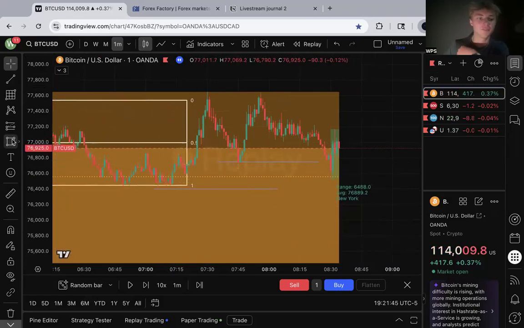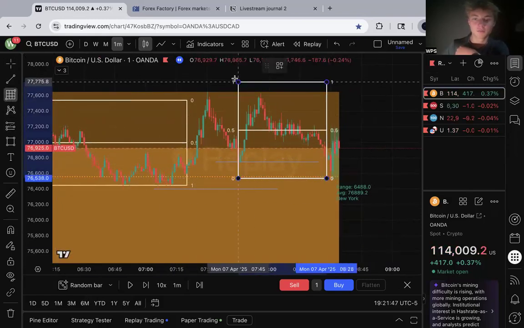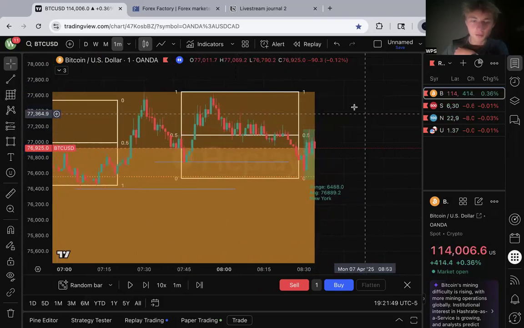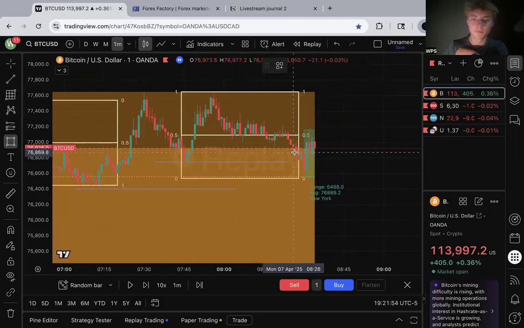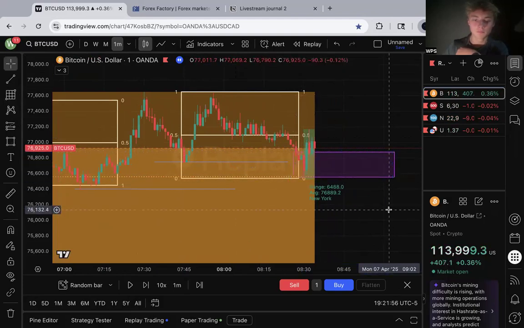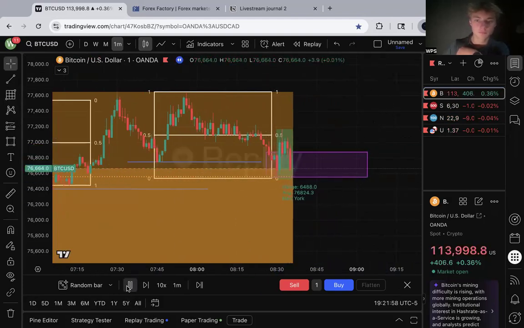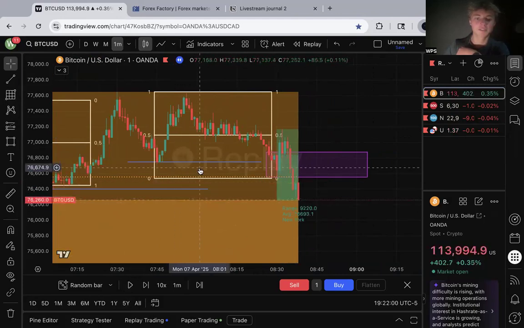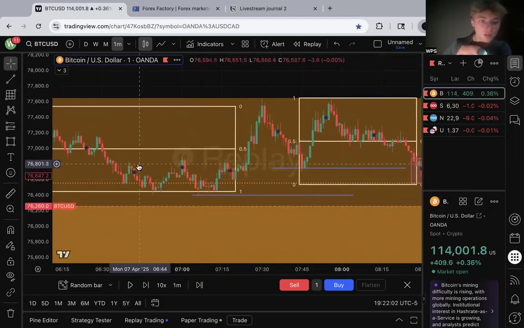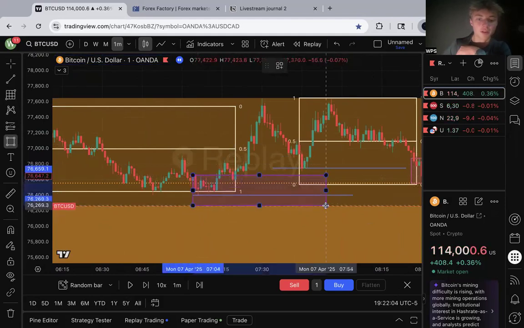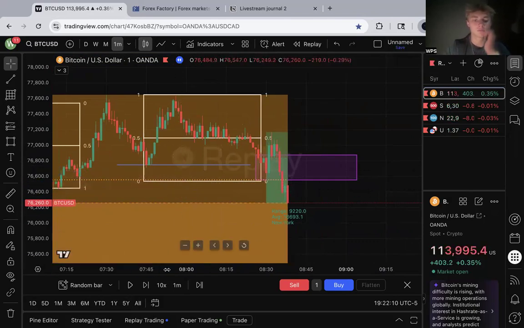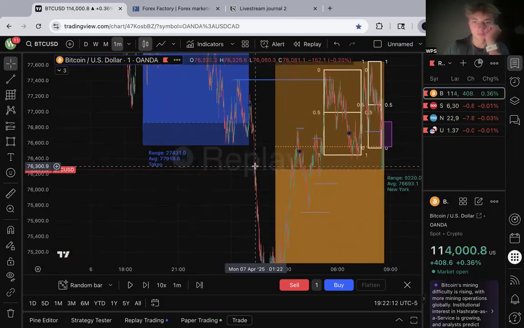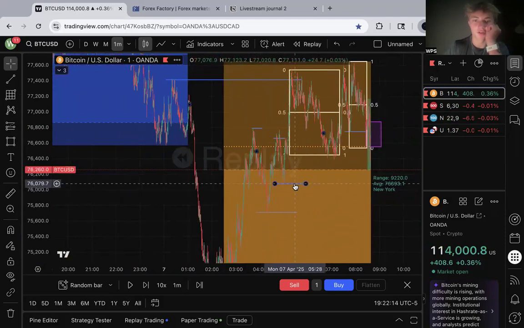Price reacts off of it, waiting for the order block within here. Pushes past, pushes into this liquidity right here. Actually, even past this liquidity. We're likely going to target all the way down here.